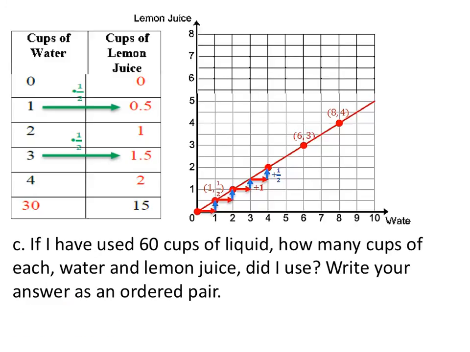If I've used 60 cups of liquid, how many cups of each water and lemon juice did I use? Write your answer as an ordered pair. See if you can solve this one.